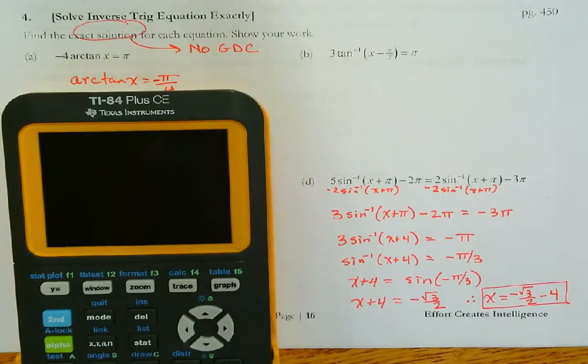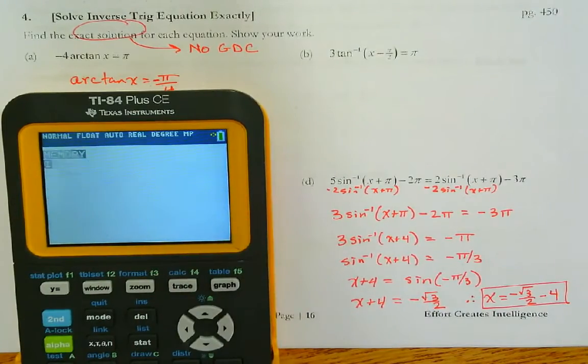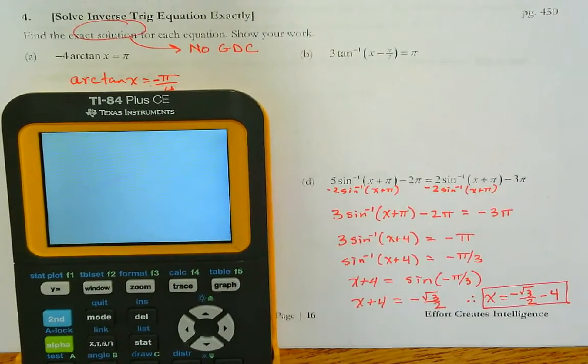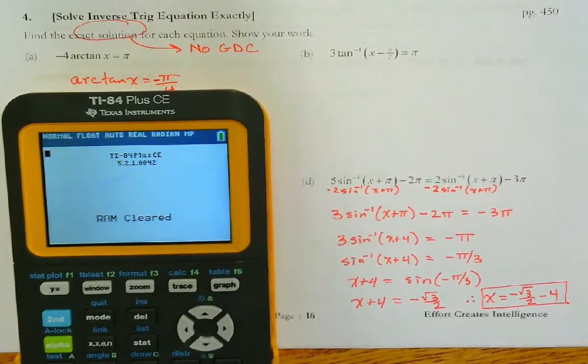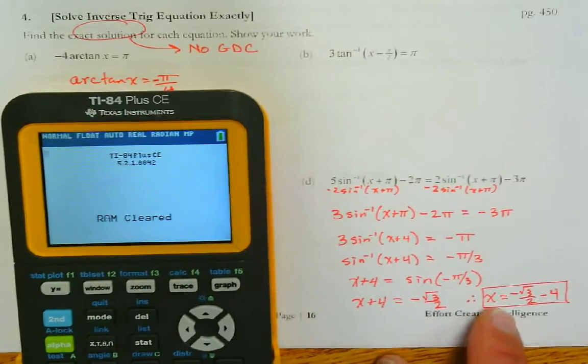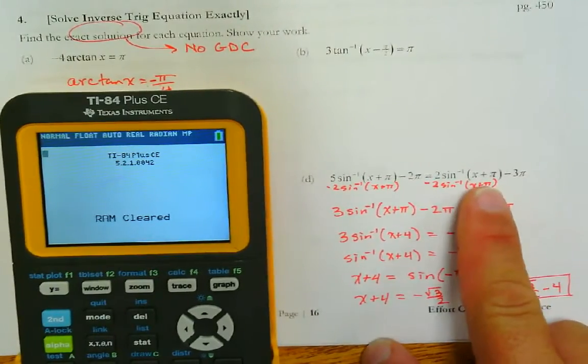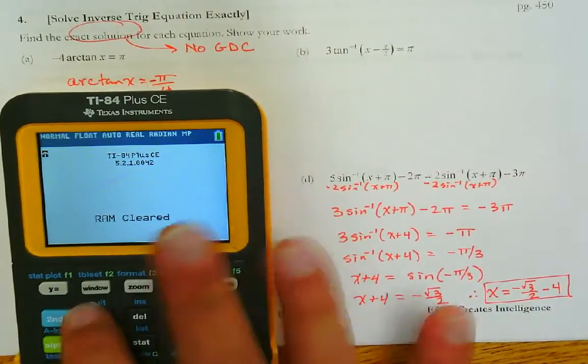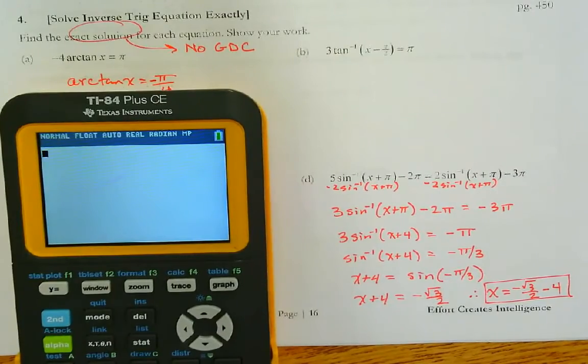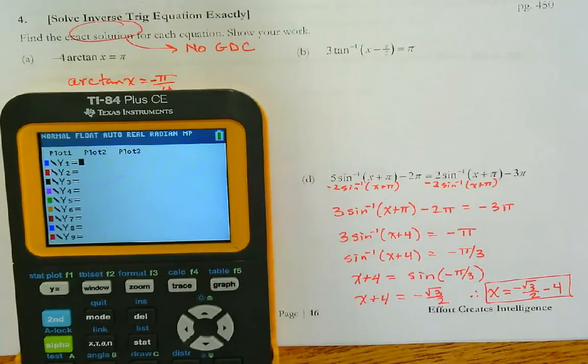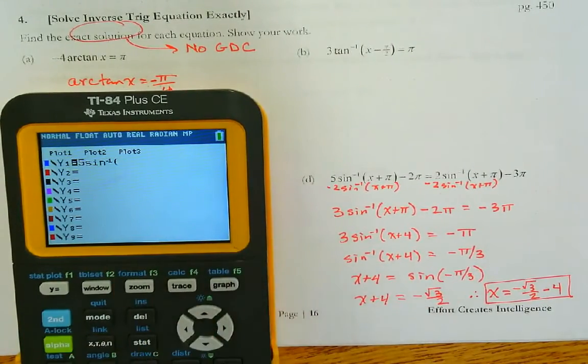If I wanted to check my work, right, second plus 7 1 2 to clear out my calculator. Okay, and I could just double check that this answer does work within this piece, right? So I could go second quit, right? And I could come over here and graph 5 inverse sine of x plus pi minus 2 pi. I missed that at the end.